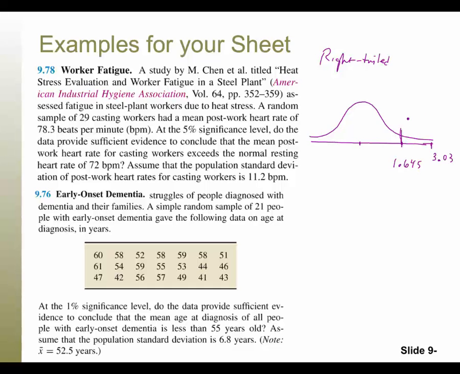So do we reject that the average heart rate is 72 beats per minute? Right, so the null would be 72 beats per minute. According to this sample, do we reject or not reject that the resting heart rate was 72 beats per minute? Reject, big time, right? Big time.